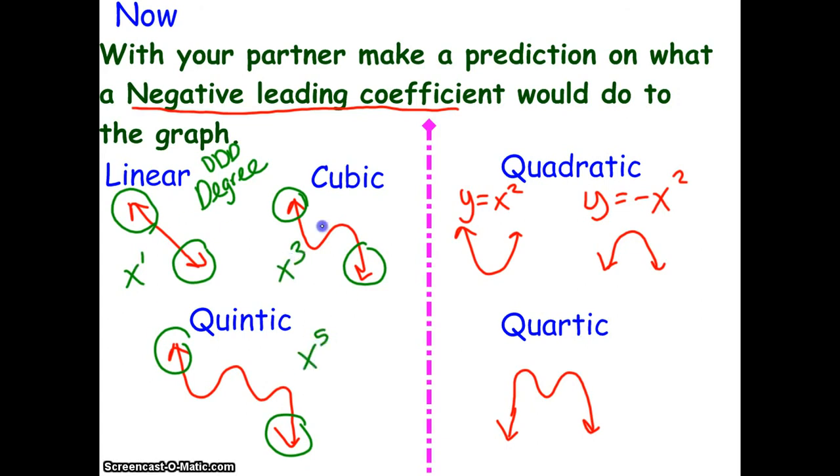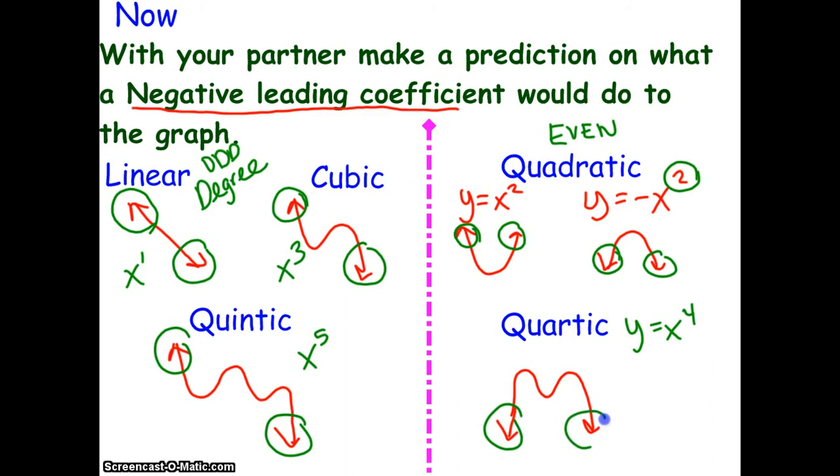So all odd degree functions have the same behavior at the ends. What about a quadratic and a quartic? Well, they're even degree. So all the even degrees, x to the second, x to the fourth, 6, 8, 10, 12, and so forth, have the same behavior at the ends of the graph.